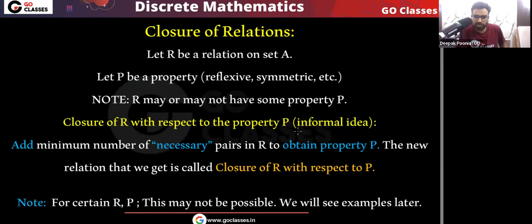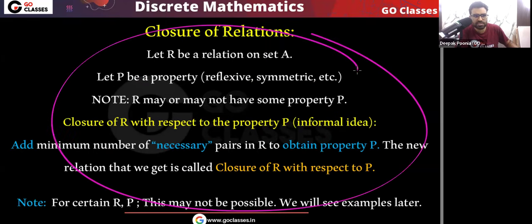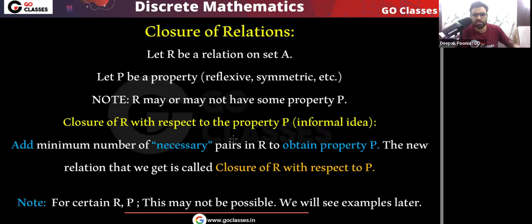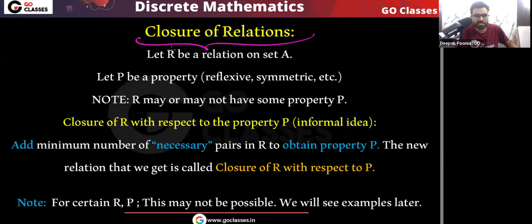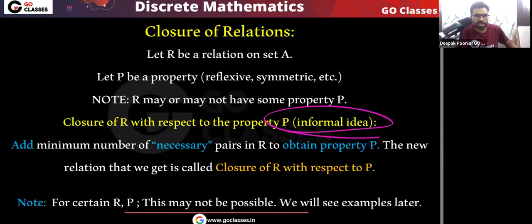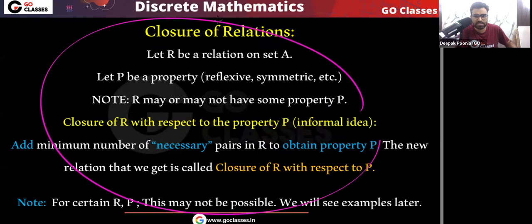The formal definition you can use if some true-false question comes based on it. But to solve all the questions we are going to use the informal idea. So let's see closure of relations, what is the informal idea to solve all the questions.